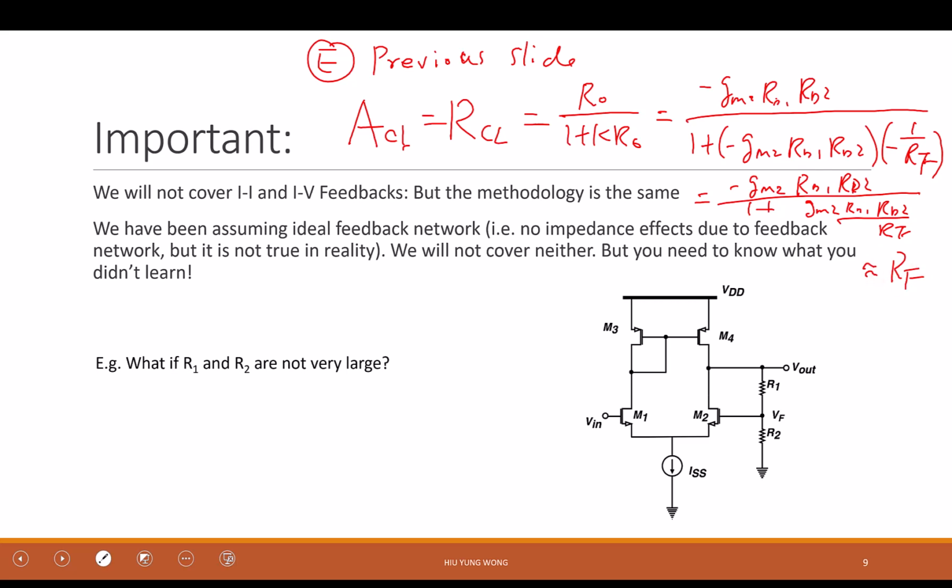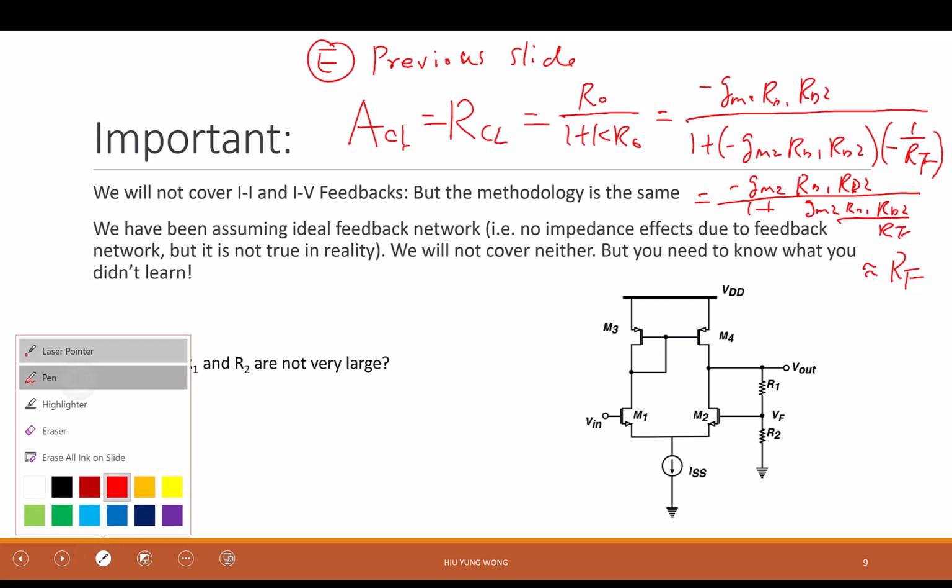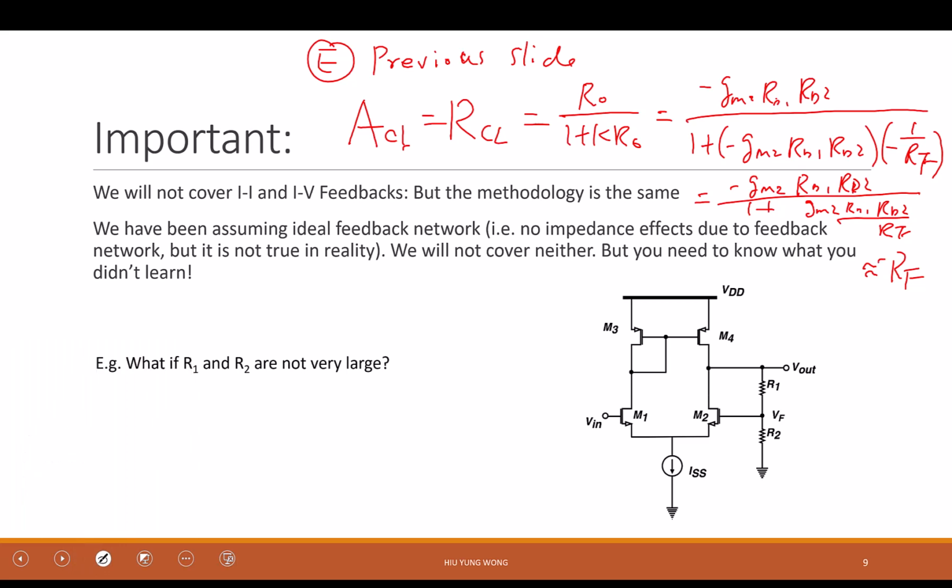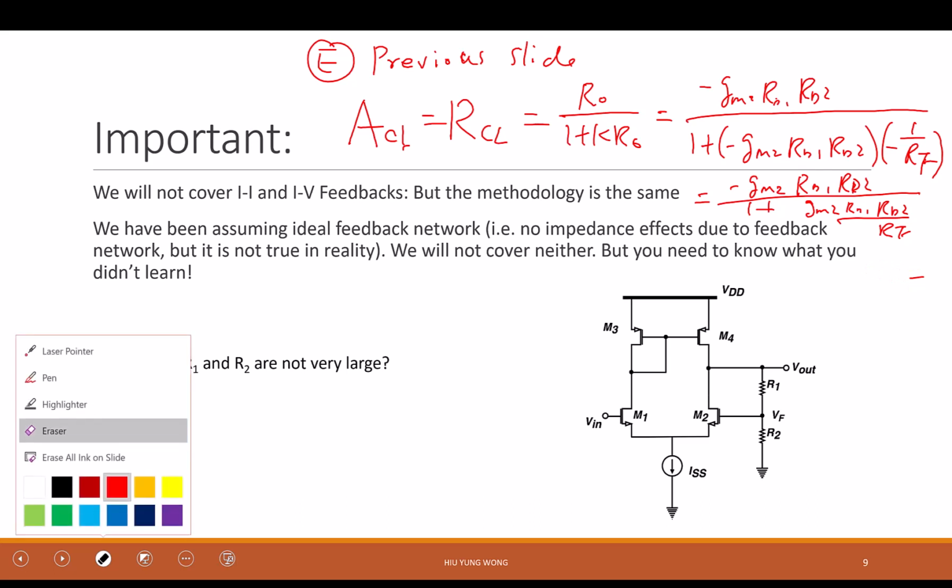So if my RF is large, then I have a pretty large gain, right? Which again is good. I want to have a large RF and at the same time have a correct input-output impedance. Thank you. Very, very careful. Minus RF. Right? Should be minus RF.